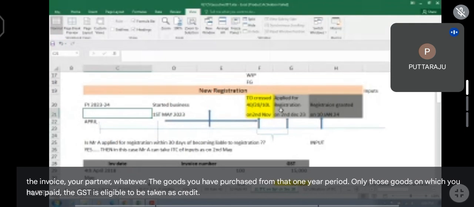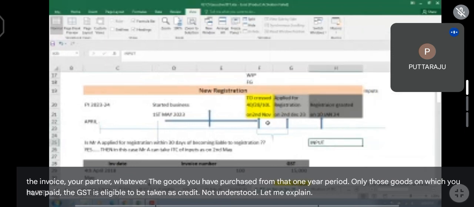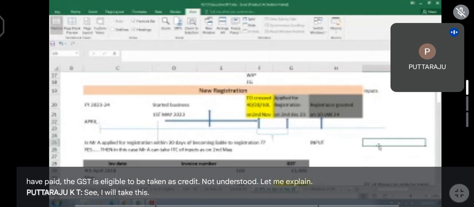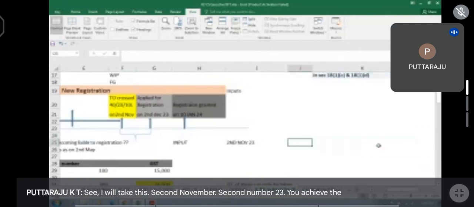Not understood? Let me explain. See, I will take this 2nd November 23, you achieved the threshold.